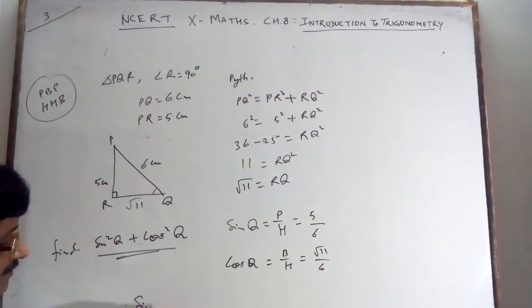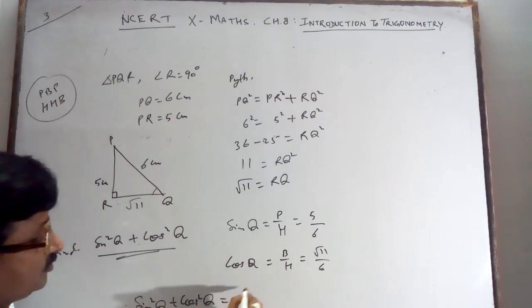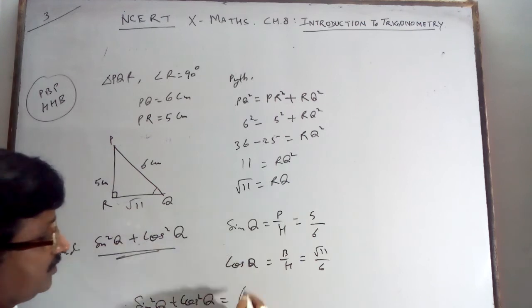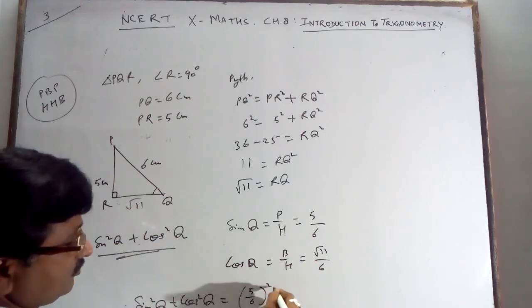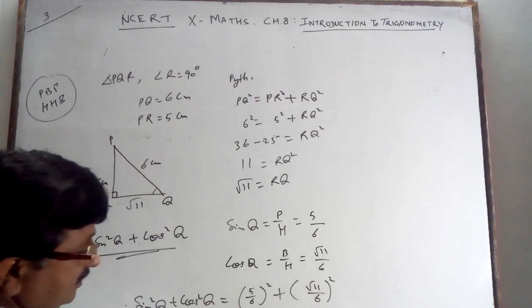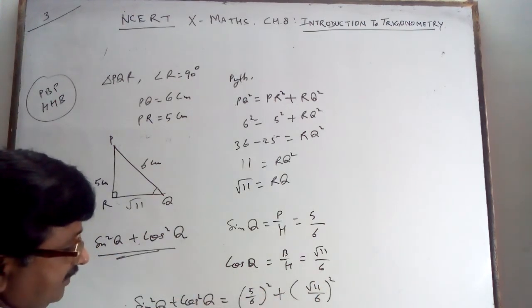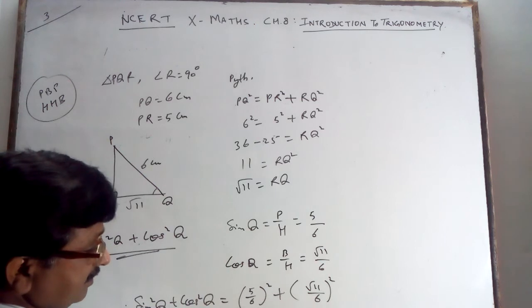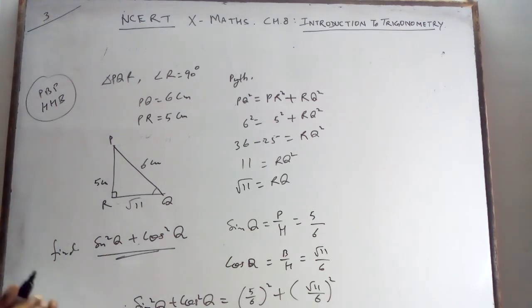Therefore, sin square Q plus cos square Q is equal to, putting the value of sin Q, 5 by 6 whole square plus root 11 by 6 whole square. What are you getting? 25 by 36 plus 11 upon 36.